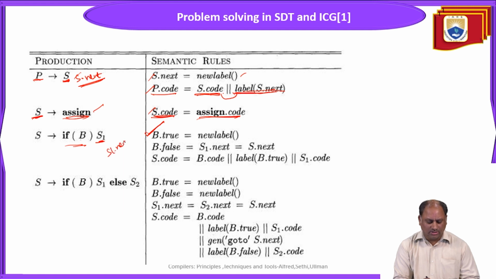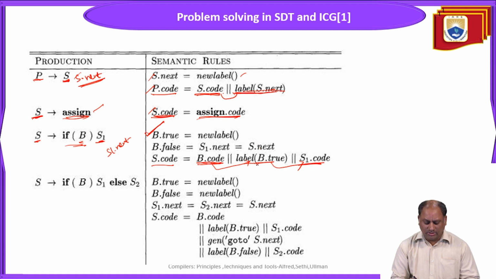Here, S1 is executed means the condition is true. So that's why label true, S1 dot code is to be executed. So B on the left side, S dot code equals B dot code. Here evaluation takes place and this evaluation leads to true. That means S1 dot code is to be executed.